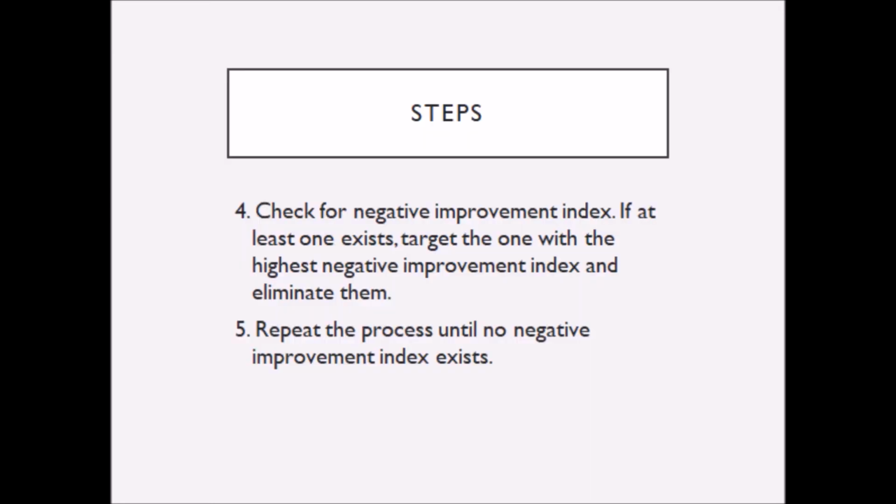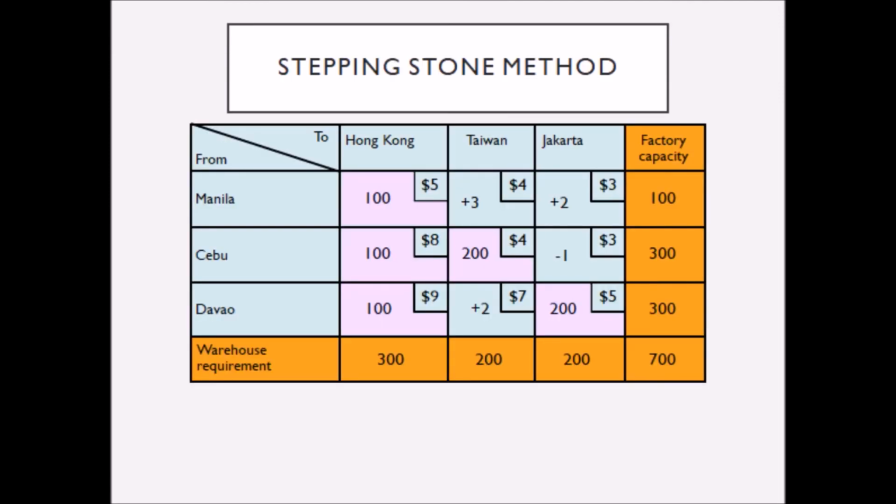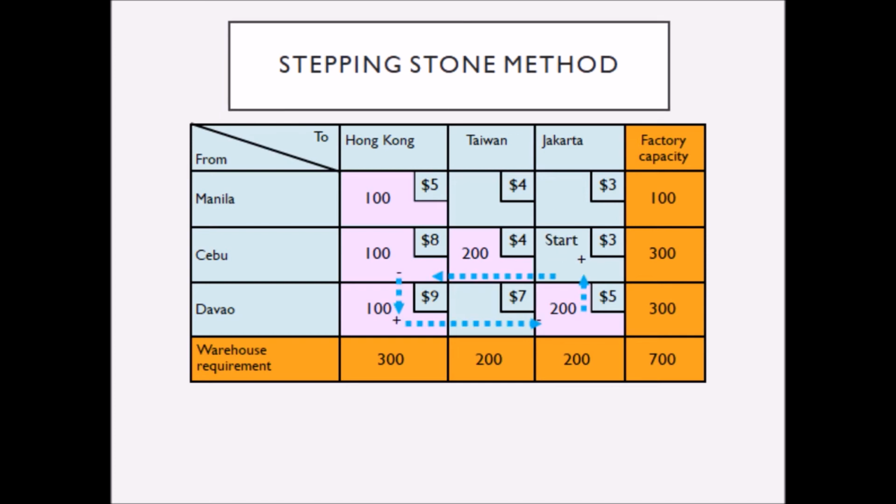And then we have to repeat the process by computing the improvement indexes of each box, specifically the unused boxes, until all of them have become positive. In the next table, we have Cebu to Jakarta with a -1 improvement index. We repeat the process by forming a loop around that negative improvement index, adding that number to all squares on the closed path with plus signs and subtracting it from all squares with a minus sign.